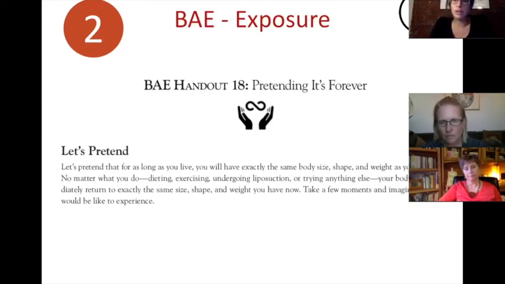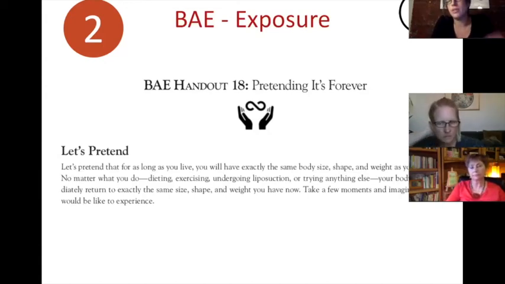This one asks patients to imagine that they're exactly the same body size, shape, and weight, no matter what they do. So they can try and restrict, get liposuction, purge, whatever it is. Their body will return to exactly the same size, shape, and weight as it is now forever. And I ask patients to imagine what this would be like.